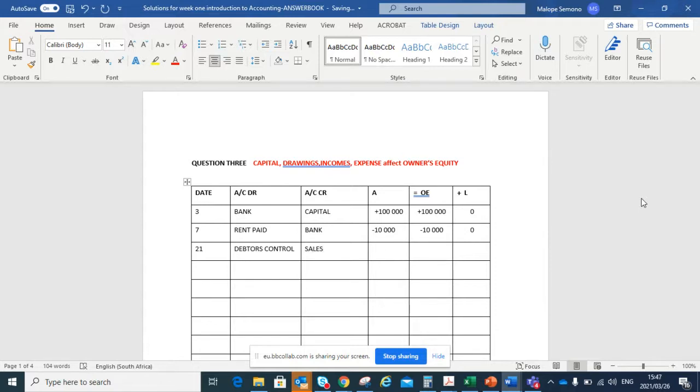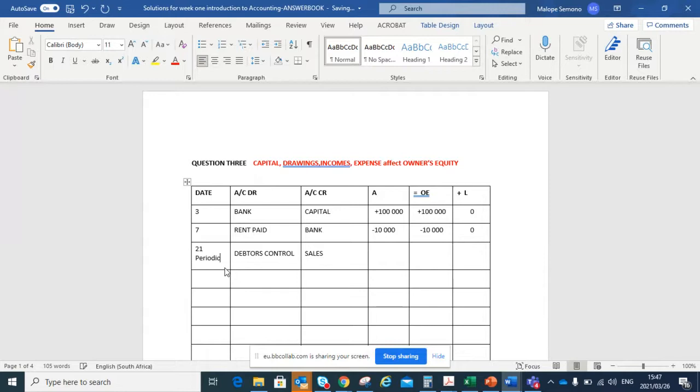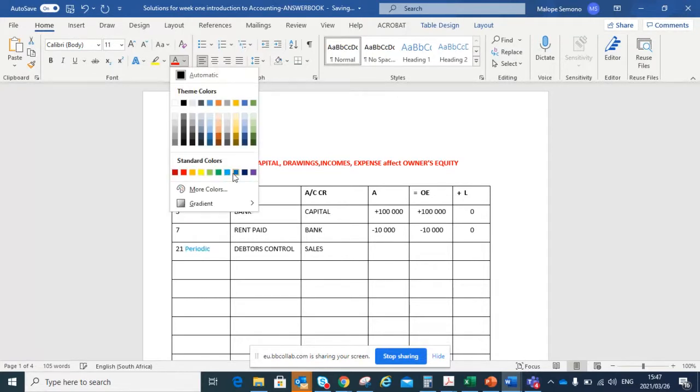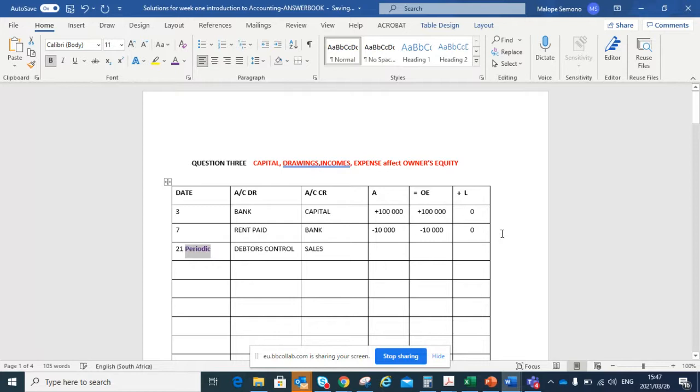Who can tell me which columns we are going to affect between the three: the assets, the owner's equity, and the liabilities? Please help me. Remember, this is the periodic. I'm showing you how to deal with the periodic.